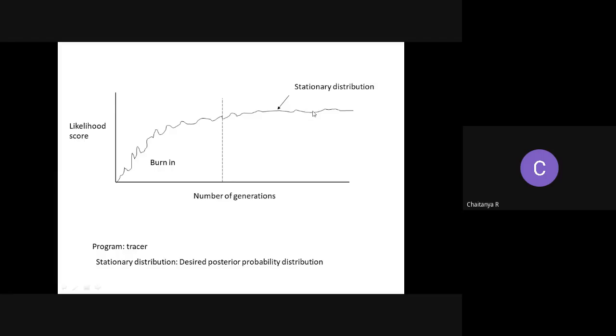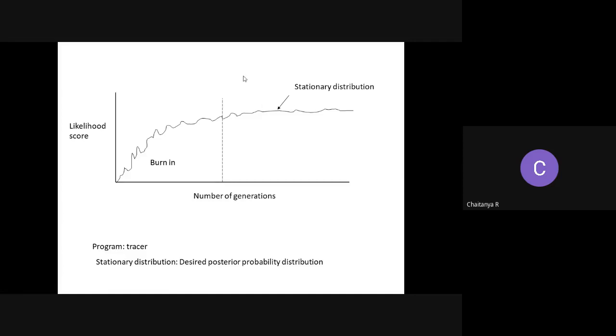the graph flattens, right? So here, once you've reached the stationary distribution stage, even if you run another 100 million generations, this is not going to improve, right? Your likelihood is going to remain here or in the vicinity over here. So this is what is called the stationary distribution of parameters that you're interested in.